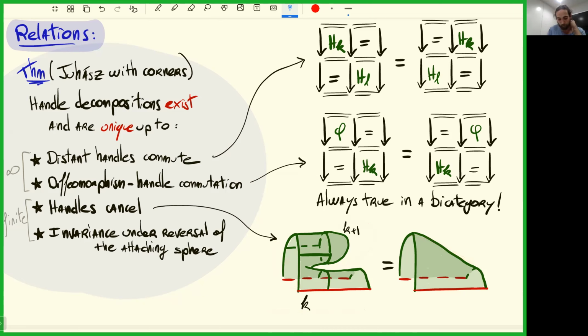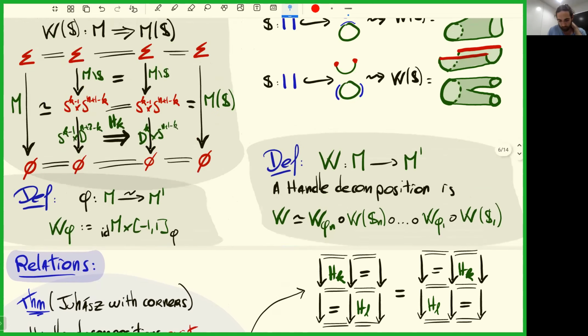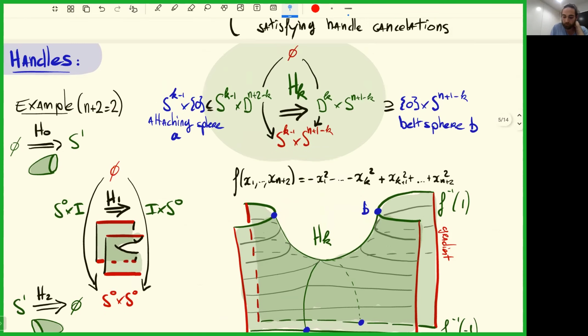In general, you have an attaching sphere for each handle and a belt sphere, which is just the attaching sphere if you read it the other way. In the incoming part you have the attaching sphere, in the outgoing part you have the belt sphere.